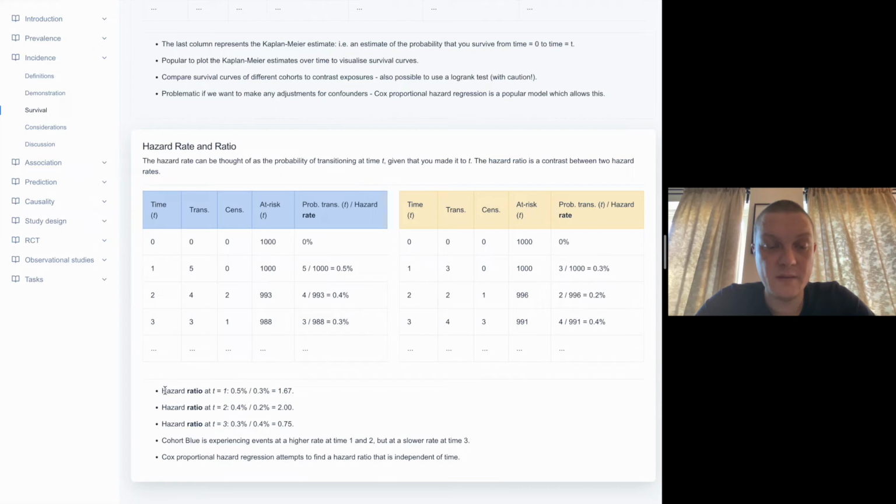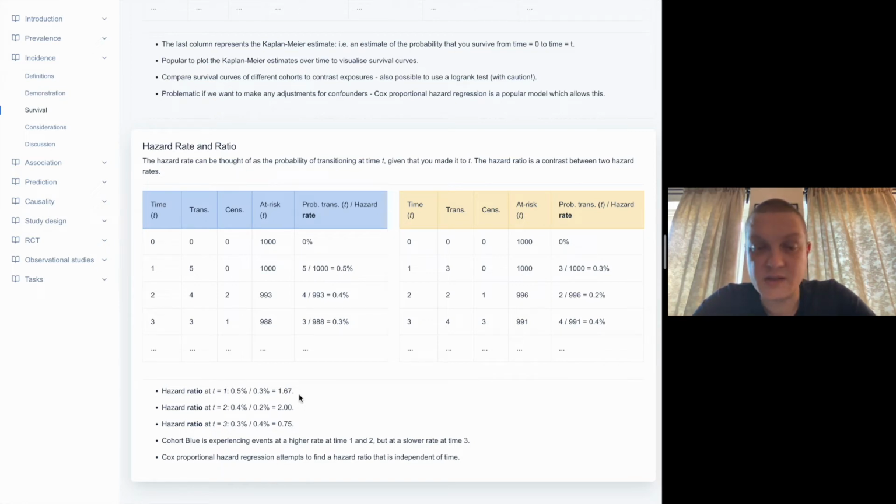At time 1 here, we have a 0.5% hazard rate in the blue cohort divided by a 0.3% hazard rate in the yellow cohort, which gives us 1.67. So 0.5 divided by 0.3 gives us 1.67, and that is the hazard ratio at time t equals 1.